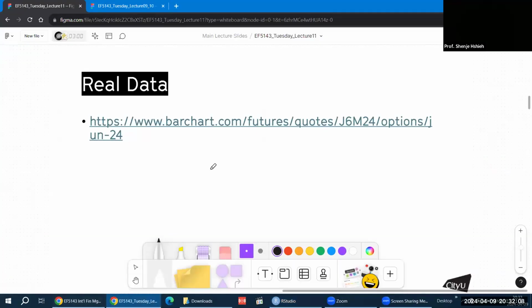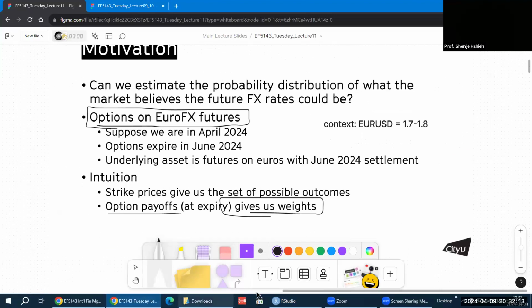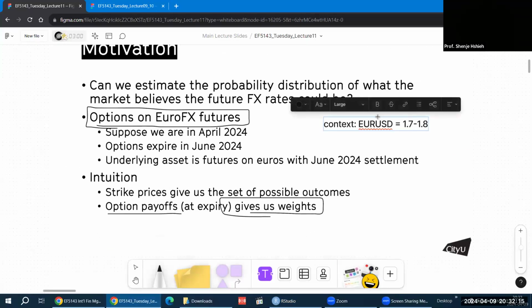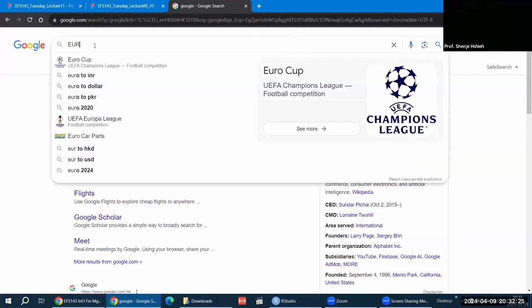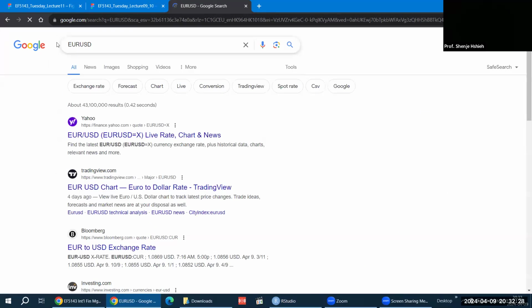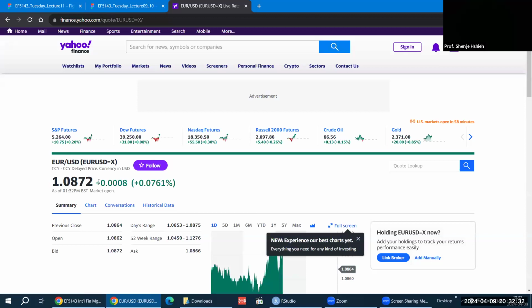So maybe I miswrote something here. It should be, sorry, this should be 1.07. Let me check right now, okay? Okay, Euro USD. Yeah, see, 1.08.